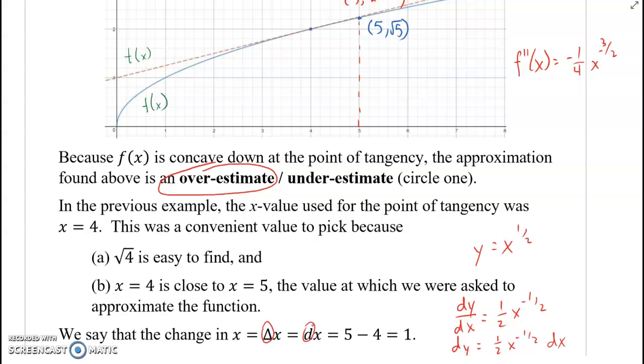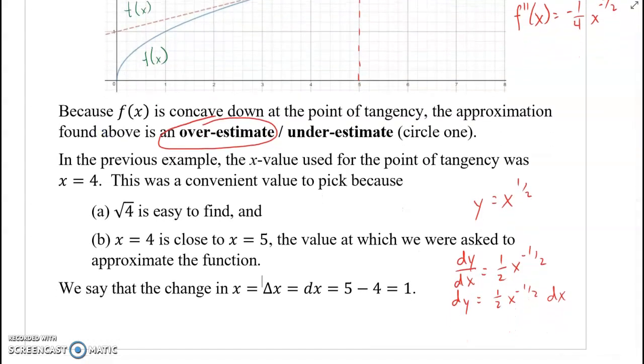So we can't really measure how big dx is, but we can measure how big delta x is, because we're talking about an interval value here. So really what we did in this last example is we were given an x value of 5, which was 1 bigger than 4.